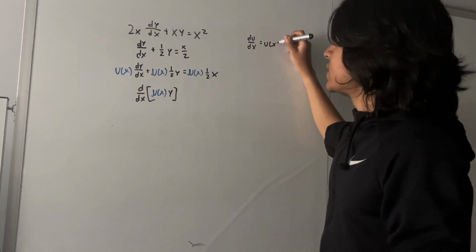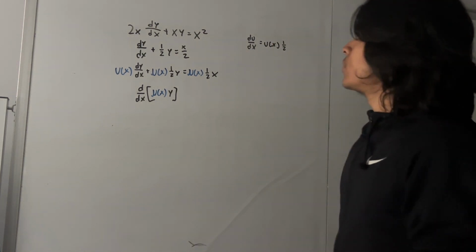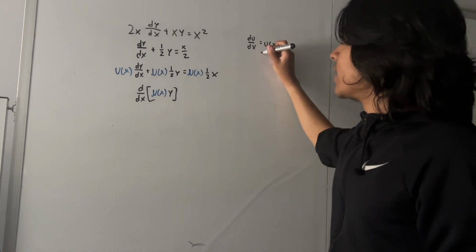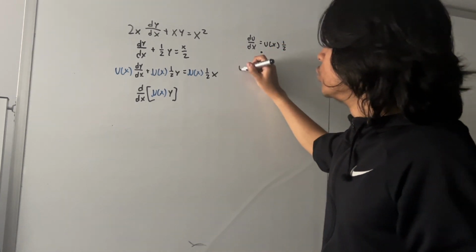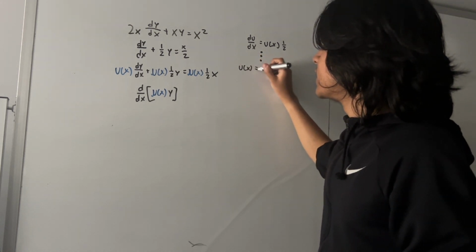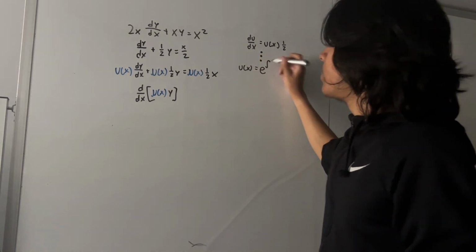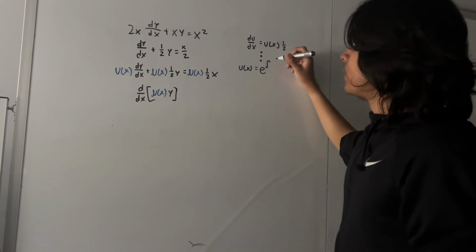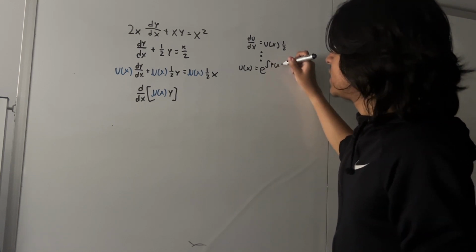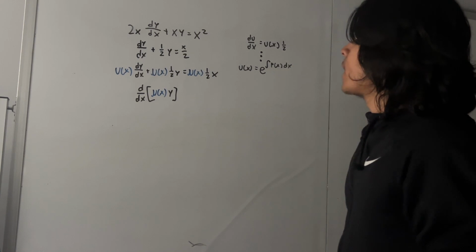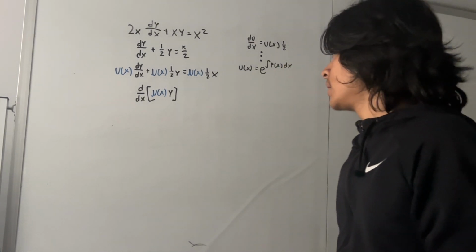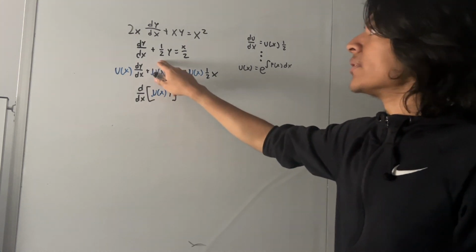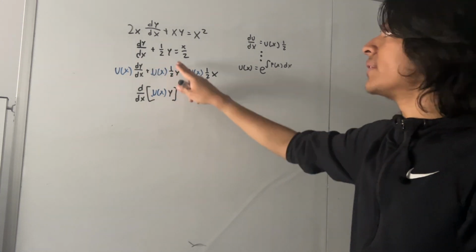So u of x times 1/2. And I'm just going to skip the derivation of this, but we know that u of x is equal to e to the power of the integral of p of x dx. In this case, our p of x was the 1/2. Same for right here, we could just see that our p of x is just 1/2.